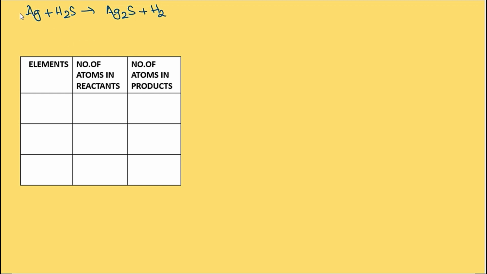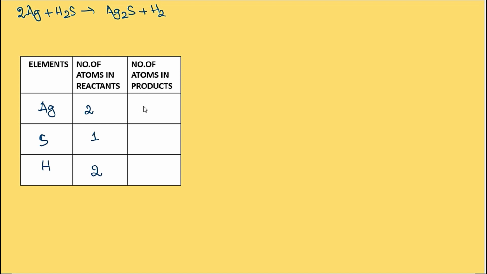Now let's multiply Ag with 2 and again check the number of atoms in reactants and products. So Ag, sulfur and hydrogen. So we see that Ag is 2, sulfur has 1 atom, hydrogen has 2 atoms.